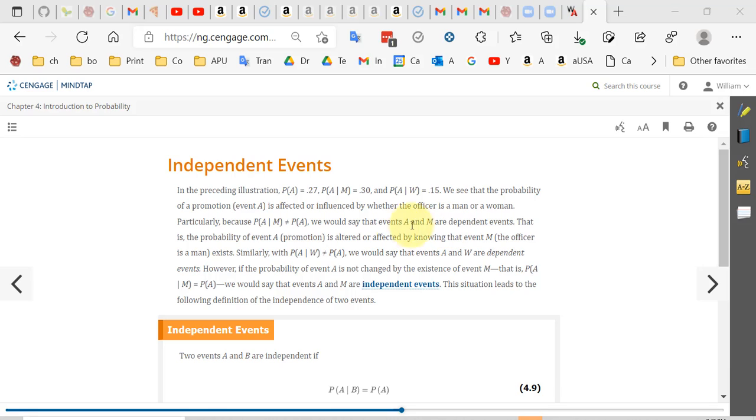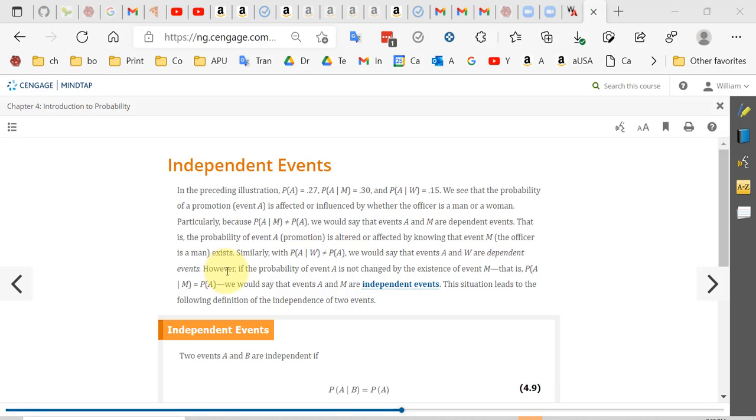That is, the probability of event A, promotion, is altered or affected by knowing that event M, the officer is a man, exists. Similarly, the probability of A given W is not equal to the probability of A. We would say that events A and W are also dependent, not independent events.